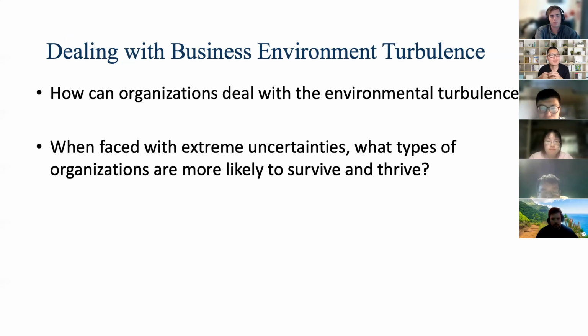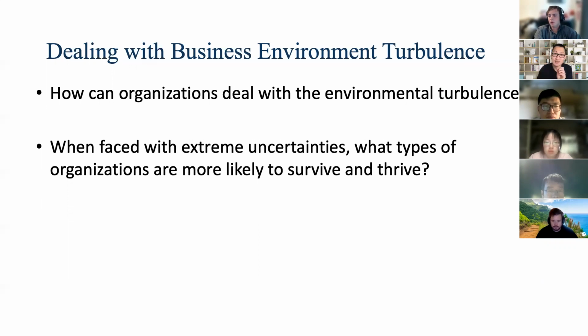And not only the business, you see that the GDP growth, which is the aggregate measure of the soundness of the business world, is dramatically influenced by the COVID situation. And we may be asking, when faced with this extreme uncertainty, what type of organizations are more likely to survive and thrive at the same time? Right? This is the question that I want you to think about.